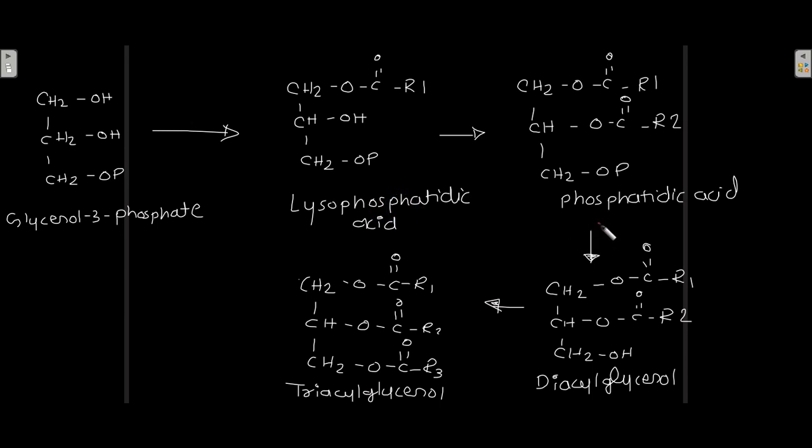On this phosphatidic acid, phosphohydrolase enzyme acts, and diacylglycerol is produced. On this diacylglycerol, acyltransferase enzyme acts, and that leads to the synthesis of triacylglycerol. So glycerol 3-phosphate, lysophosphatidic acid, phosphatidic acid, diacylglycerol and triacylglycerol. This is how the triacylglycerol biosynthetic pathway looks like.